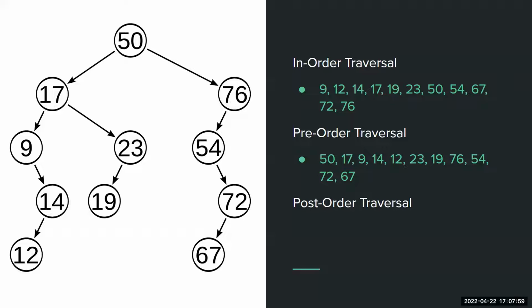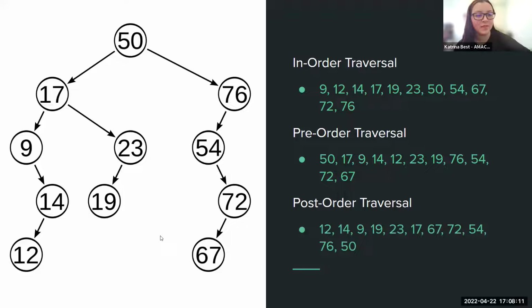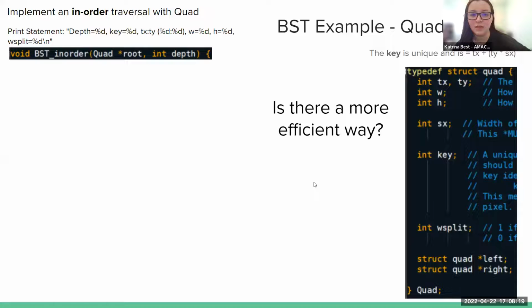That'll be 12, 14, 9, 19, 23, 17, 67, 72, 54, 76, 50. Should be, yes. Yeah, it keeps going from the bottom and goes up.